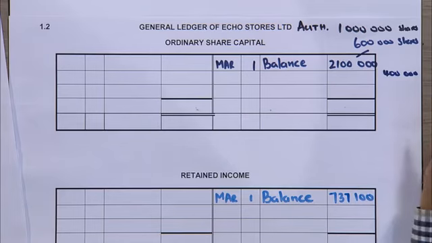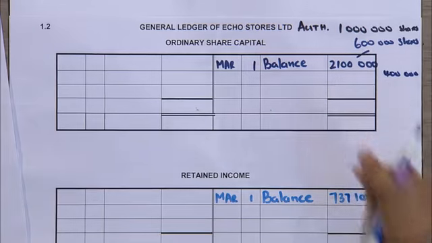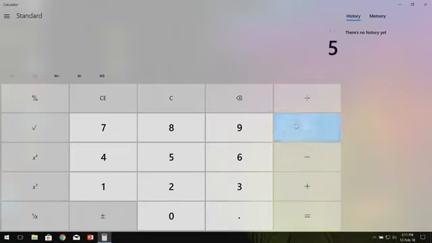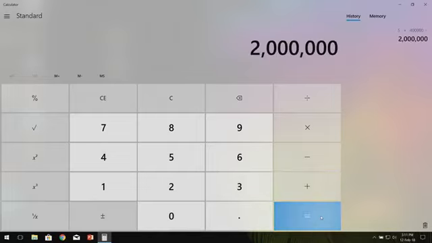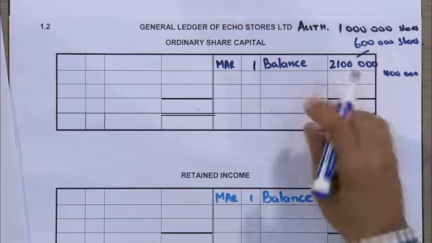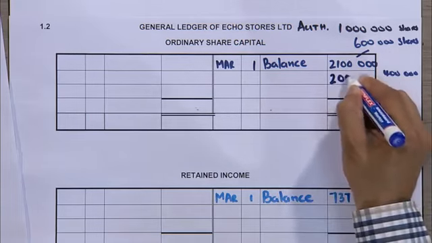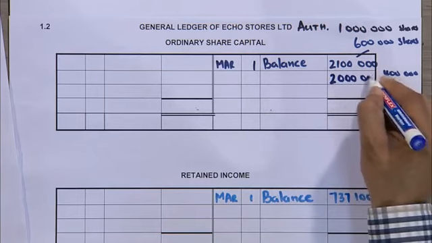And it's going to be issued at 5 rand, multiplied by 400,000. So it'll give you 2 million. So when we're issuing the extra shares, it means that our ordinary share capital will increase by 2 million.